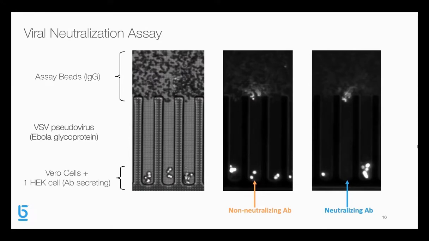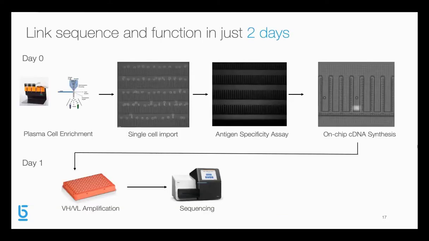We used our standard bead-based assay to confirm that the hex cells were secreting antibodies, and simultaneously, we identified pens in which antibodies blocked viral infection, as confirmed by the absence of expression of a fluorescent GFP marker in the Vero cells. This assay demonstrates that we can successfully identify cells that are secreting viral neutralizing antibodies.